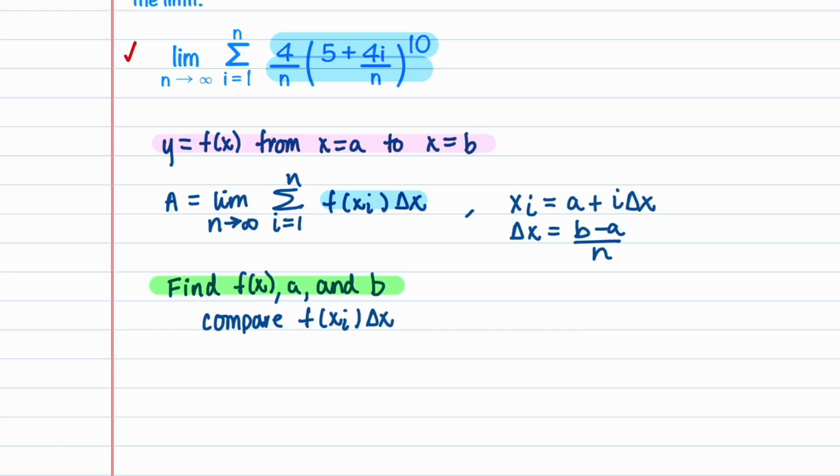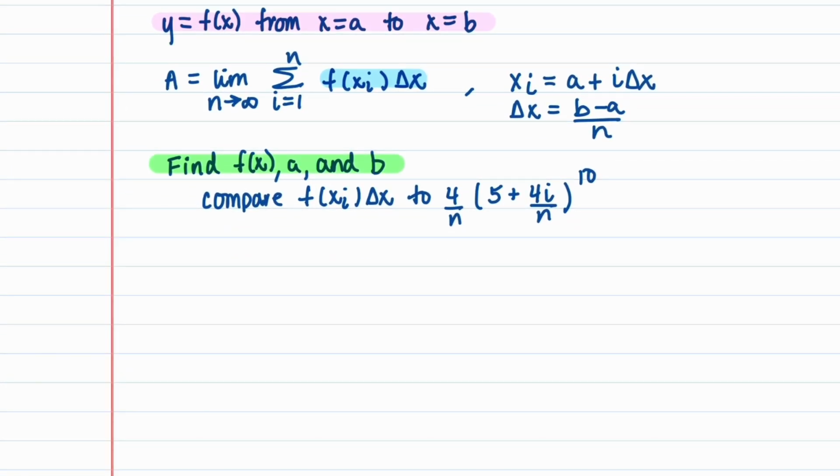So we're going to compare it to 4 over n times 5 plus 4i over n raised to the 10th power. When we compare these two, the first thing we want to notice is that delta x is equal to 4 over n. We'll write down delta x is equal to 4 divided by n.